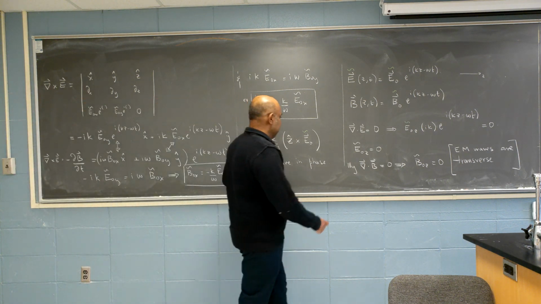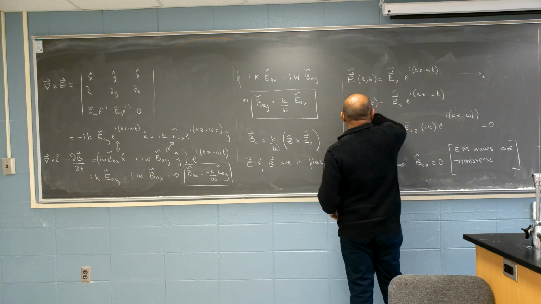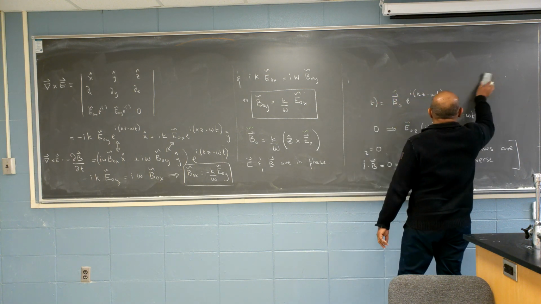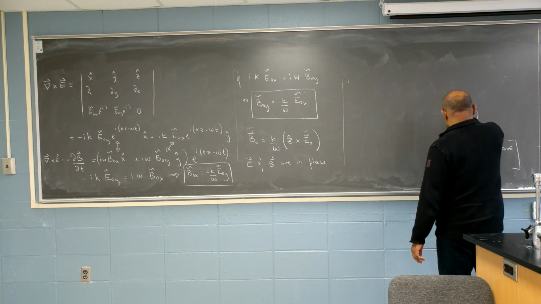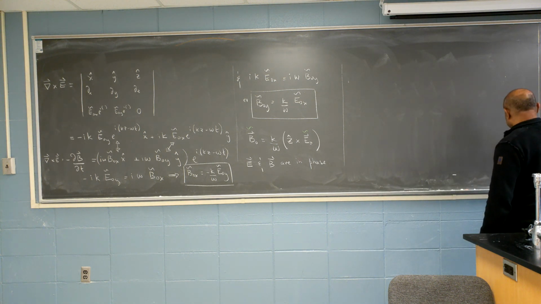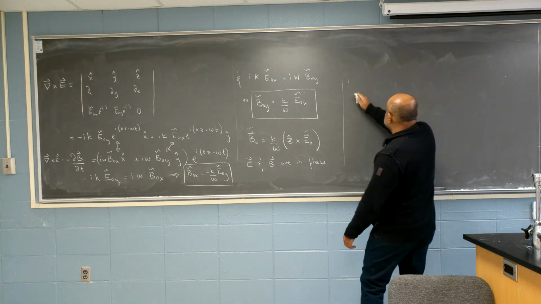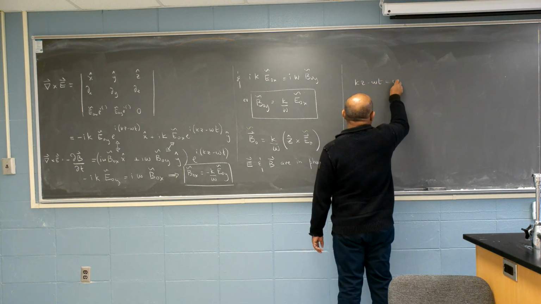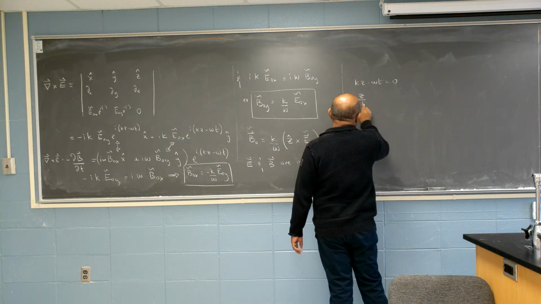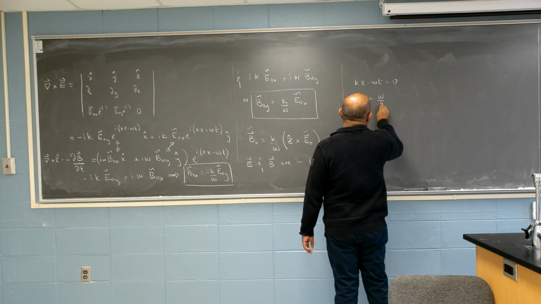k over omega can be written in a different way. If you want to look at the speed of the wave, we know the speed of the wave is c. So if I said kz minus omega t equals 0, I would get z over t to be equal to omega over k.